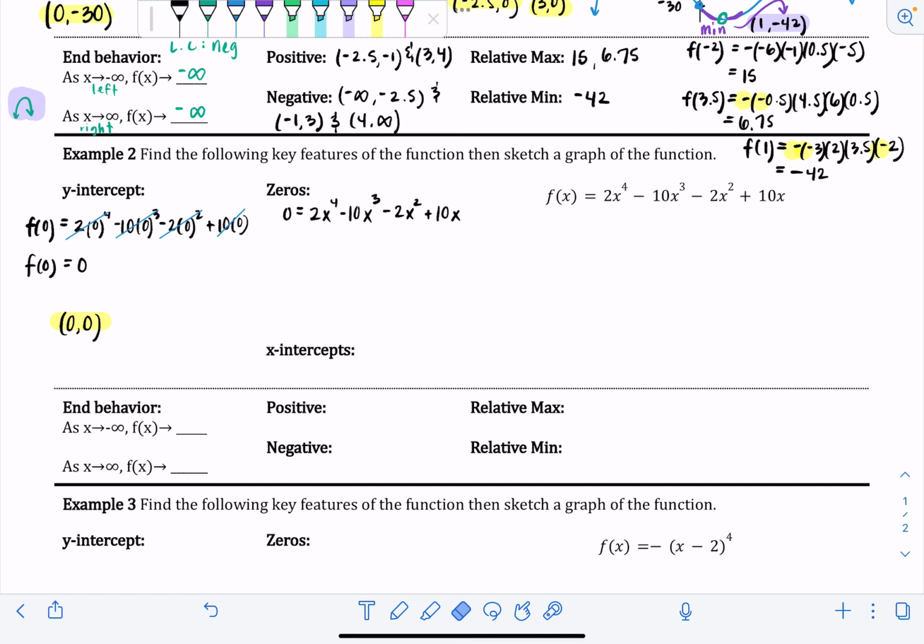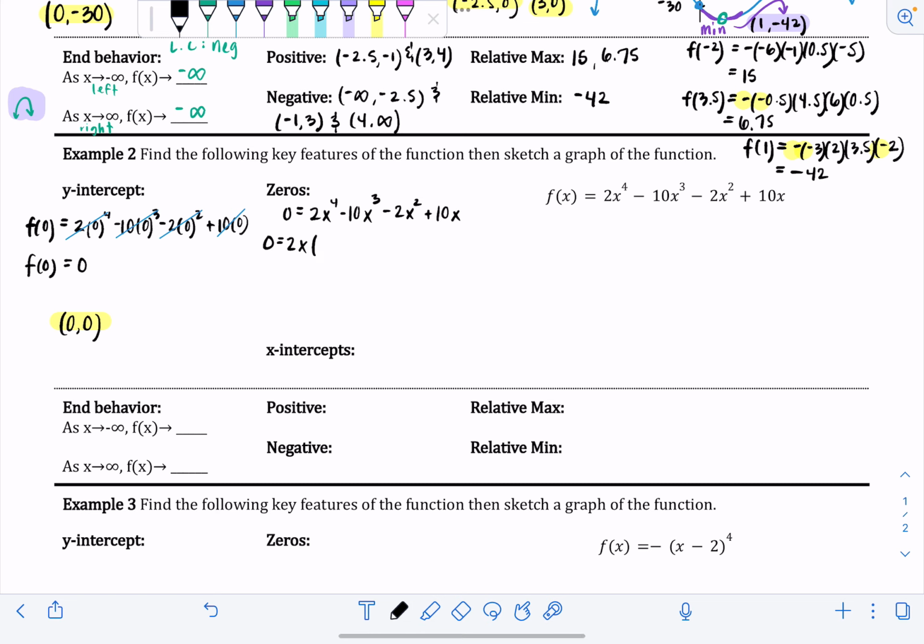It's already factored. When we factor, we want to check for GCF first, which all these terms have a common factor of 2 that I could definitely divide out, but they also all have a common factor of x that I can pull out as well. You can technically divide out the 2. You cannot divide out the x though, so I'm just going to leave it as 2x as my GCF. You can never divide out an x because it eliminates one of your solutions, so just keep that in mind.